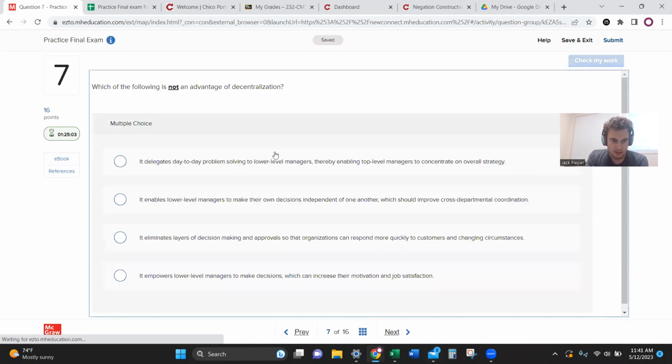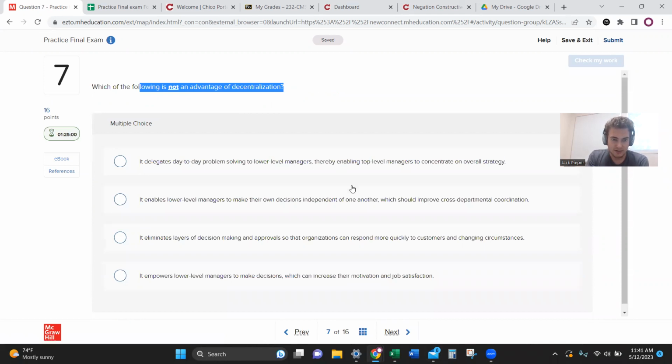Okay. Which of the following is not an advantage of decentralization? Okay, delegates the problem to lower level managers. That is decentralization. It enables lower level managers to make their own decisions independently. That's decentralization. It eliminates layers of decision making and approvals. Respond quickly to customers' changing circumstances. That is also decentralization. And then it empowers lower level managers to make decisions, which can increase motivation and job satisfaction.